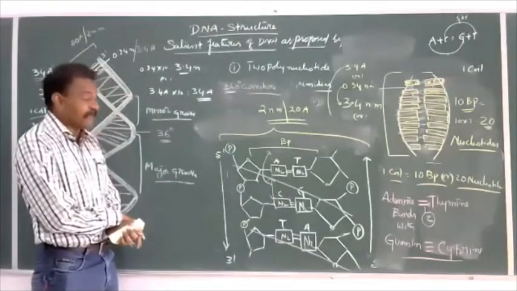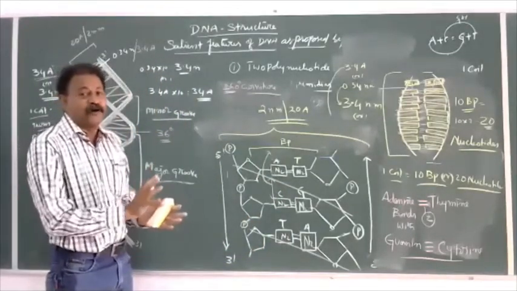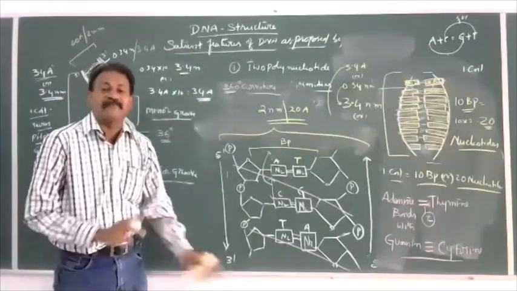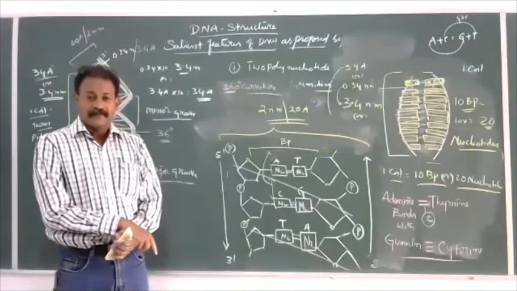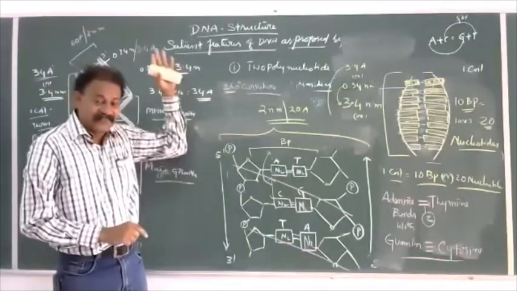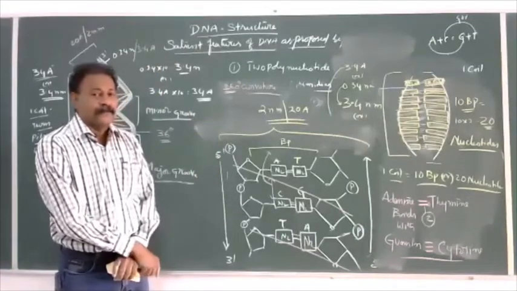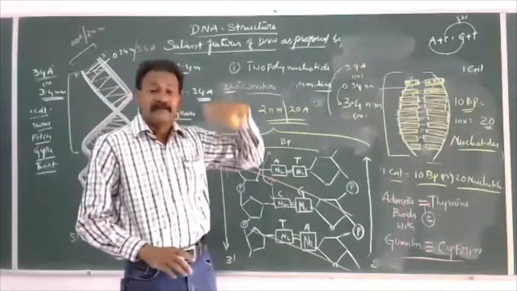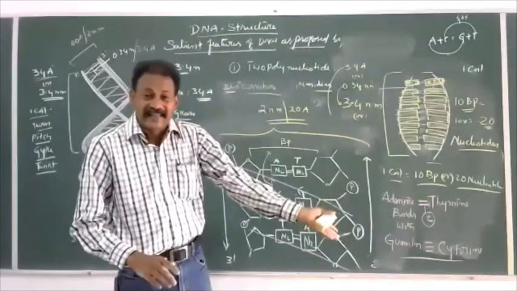And if we know the amount of a particular N2 base in a given sample of DNA, we can easily identify the amount of the other 3 N2 bases.